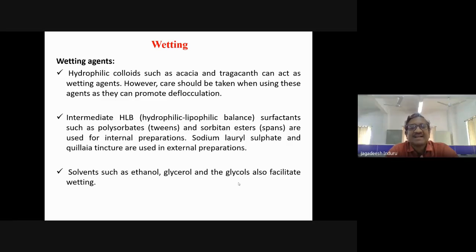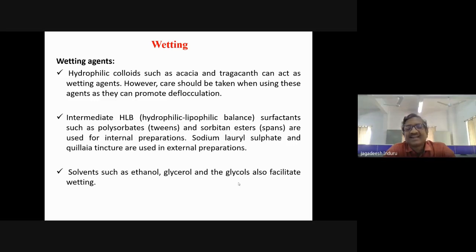So we need to select a typical wetting agent for the oral, that is internal use, and for external use, like lotions and solutions applicable onto the skin. Accordingly, we need to choose, because when you interchange them, we are going to have a problem in giving that medication. Something which can be given only as an external preparation, we cannot choose for the internal preparations.